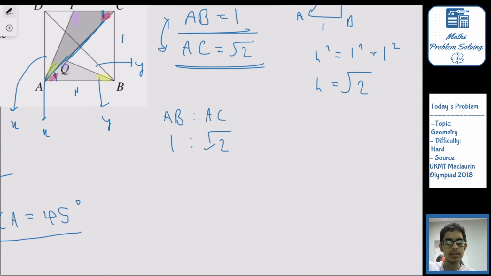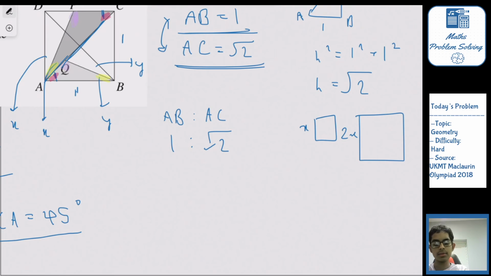Now, something you've probably heard about is, let's take two squares, and let's call this side x and this side 2x. Now the area of this square is x squared, and the area of this is 4x squared. So the side lengths are in the ratio of 1 to 2, but the areas are in the ratio of 1 to 4.